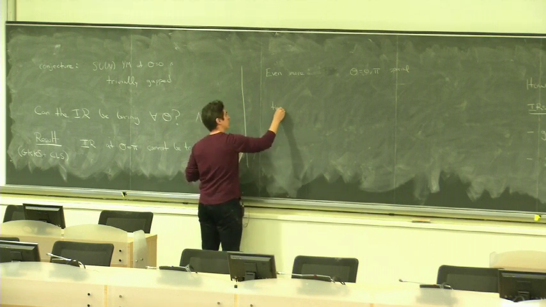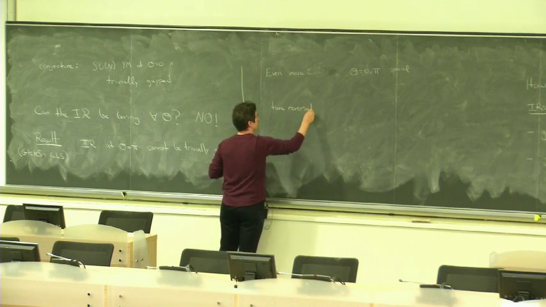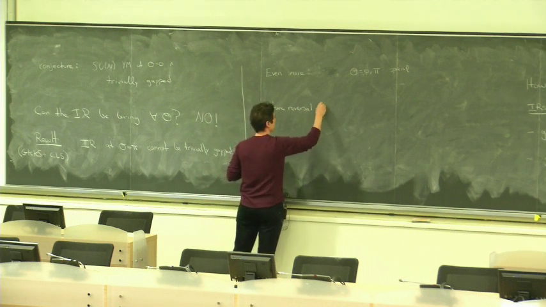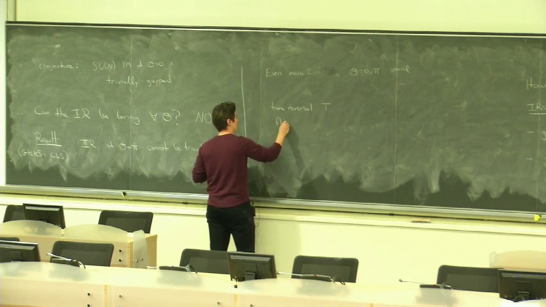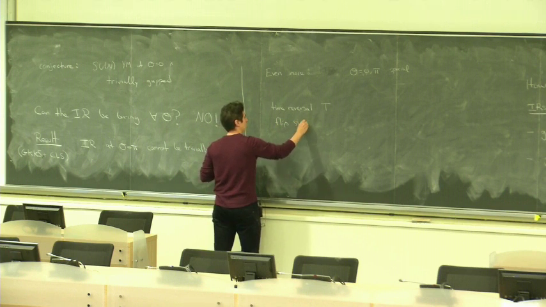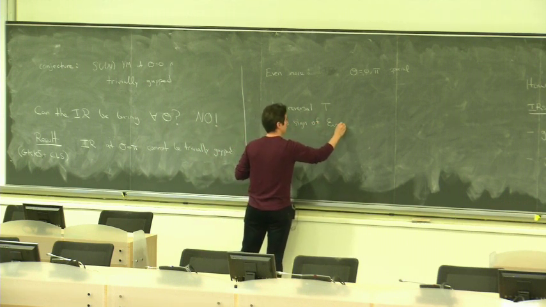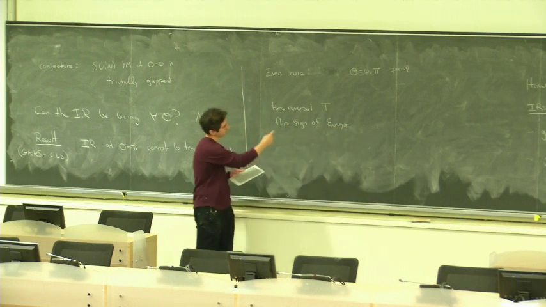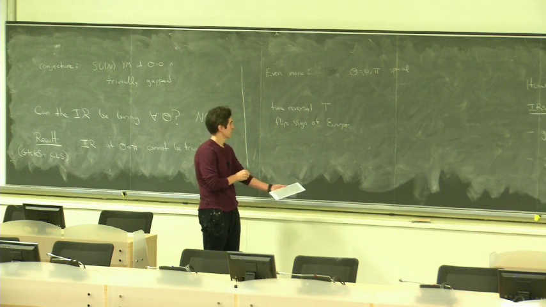So let's introduce time reversal symmetry T. It flips the sign of epsilon, because only one index on epsilon can be 0 at a time.